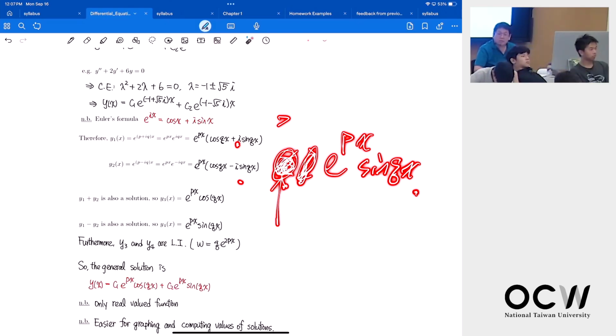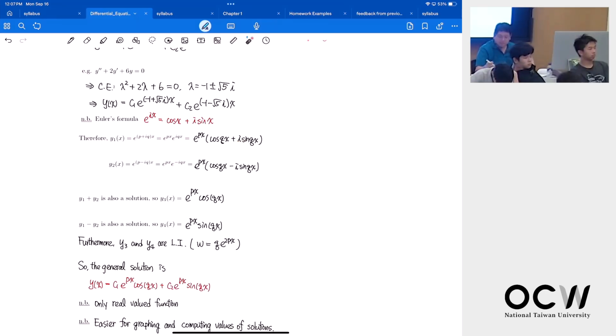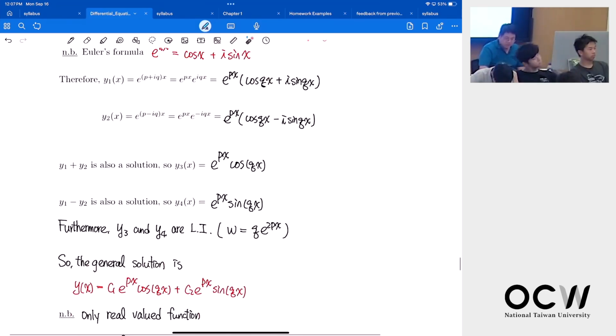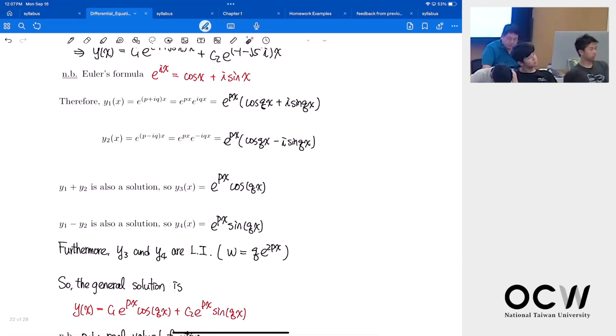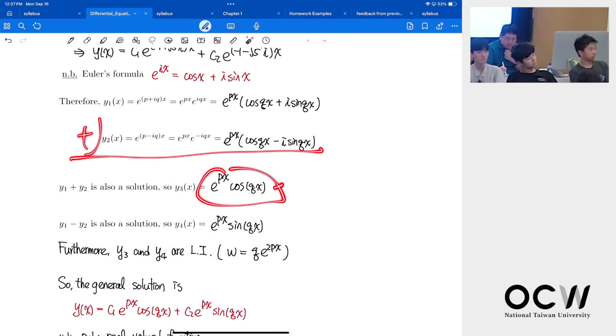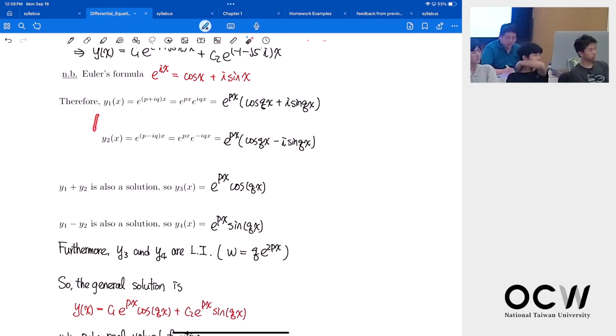So it's not y1 minus y2, but y1 minus y2 over i? Yeah. Normally we just say, if you add these two, you get the real expression, and if you subtract these two solutions and divide, you will also get another real expression. Okay, and we use these two.